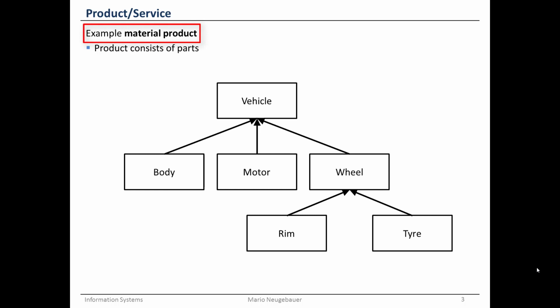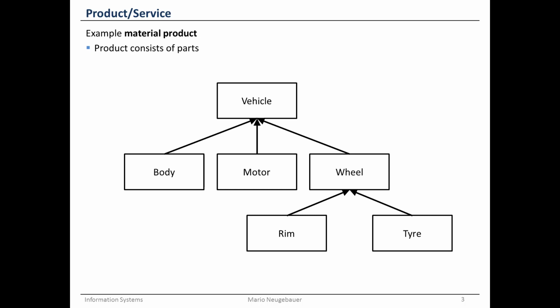If you produce a really materializable product, you can see an example here, like the vehicle you would produce. The vehicle consists of a body, a motor, and wheels, and the wheels again consist of the rim and the tire. So you can see that the product actually contains different other products.